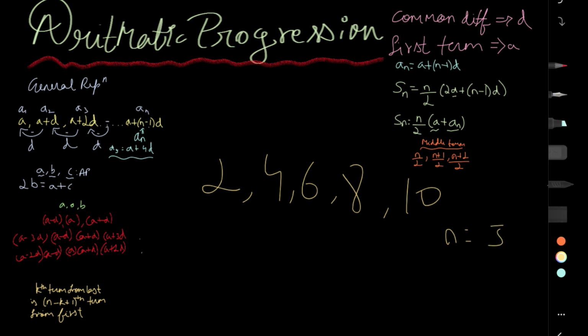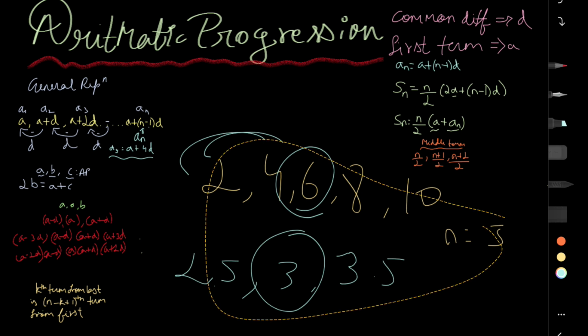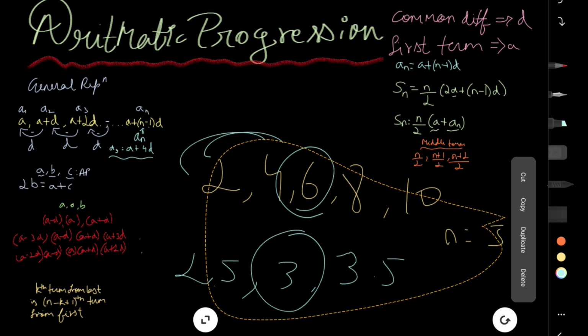If n is equal to 5, then n by 2 is 5 by 2, which is 2.5 here, and n plus 1 by 2, 6 by 2 is 3, n plus 2 by 2, 7 by 2 is 3.5. So I'll be selecting integers. The third term is the middle term here. Here also 2 we have, here also 2 we have. So that was the concept.